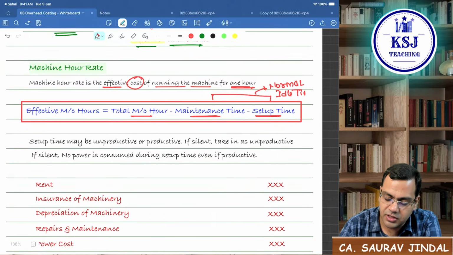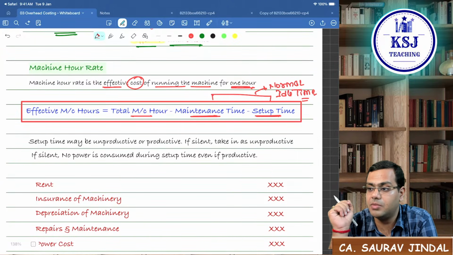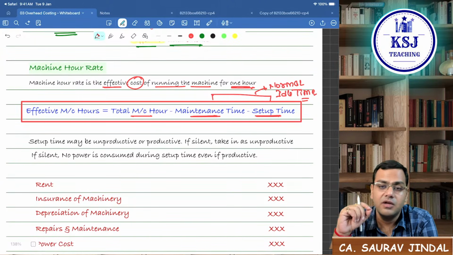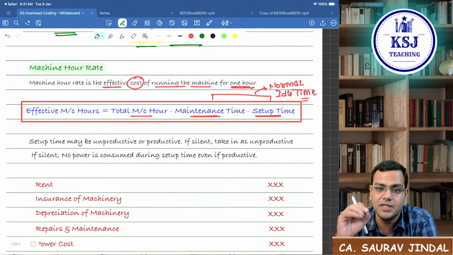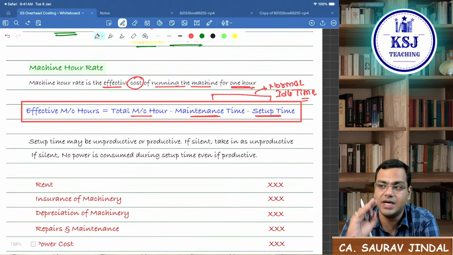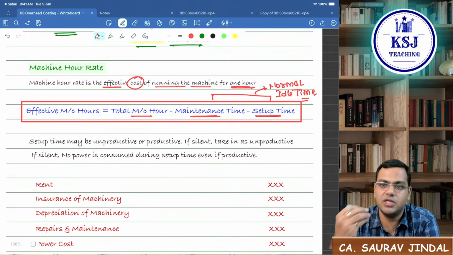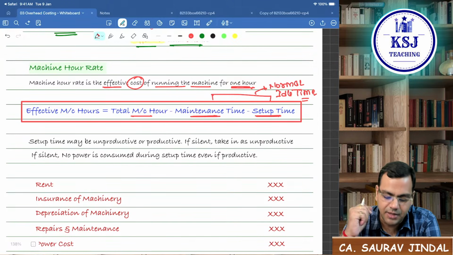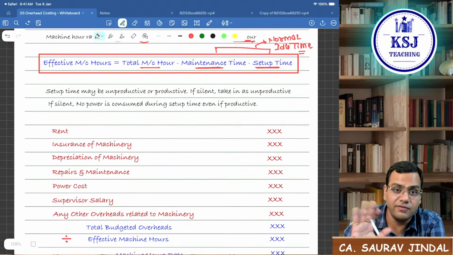Remember, in the labor hours also we have calculated effective labor hours is equal to total labor hours minus the normal idle time. Similarly here for the machine also, the machine needs maintenance in between. The machine needs a break in between. The machine needs to be set up. For every batch, for every production we are doing, you need to set up, you need to prepare the machine for the production. That is my setup time. Right? During which it is not involved in the production.